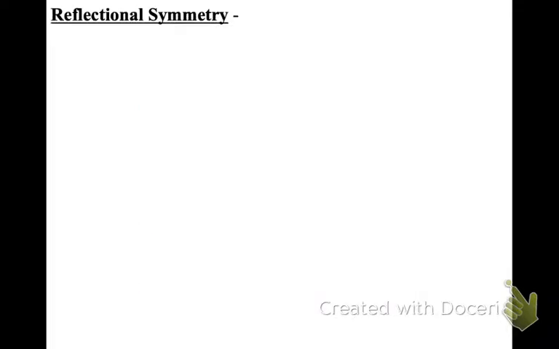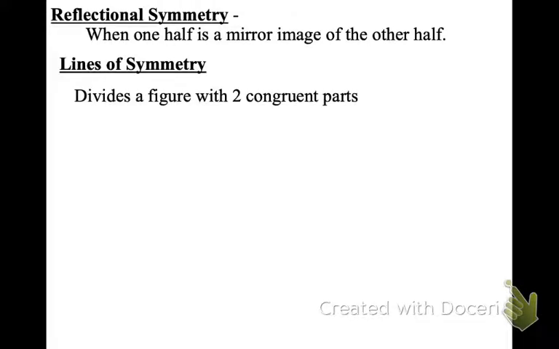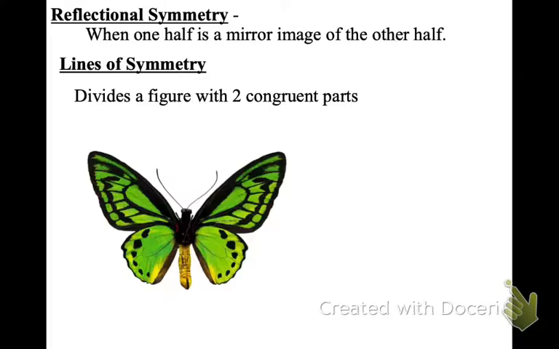Let's look at reflectional symmetry. Reflectional symmetry is when you have a mirror image of the other half of it. A line of symmetry divides a picture or a figure into two congruent parts. So in the butterfly, where would my line of symmetry be? Would it be across?